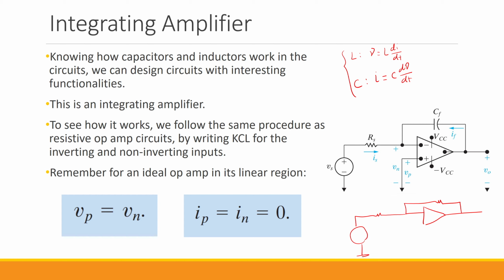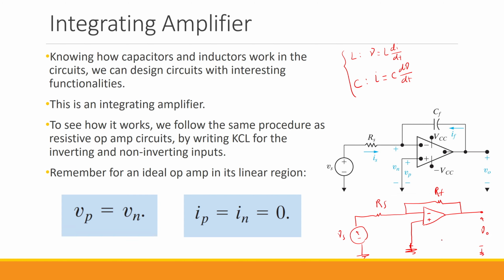This one is also connected to the ground, with the proper signs, and we had RF and RS, and this one was VS, and this one was positive, negative VO.